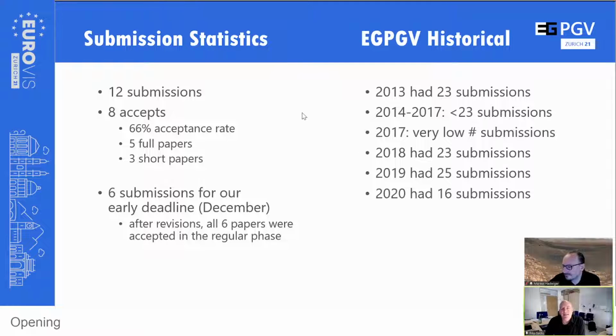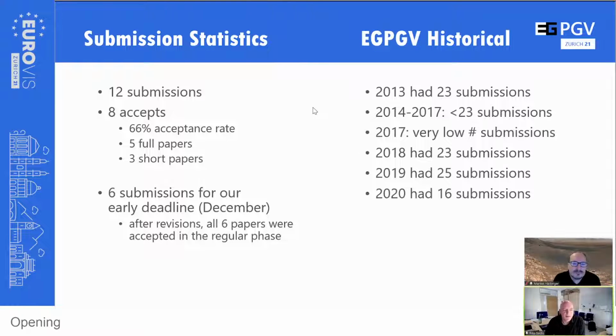Overall, we had 6 submissions for the early deadline in December, and 6 submissions in March, which were basically separate submissions. All 6 submissions from the early deadline were transitioned to the regular part, in this case only with major revisions, and then underwent a minor revision during the regular deadline between March and April.